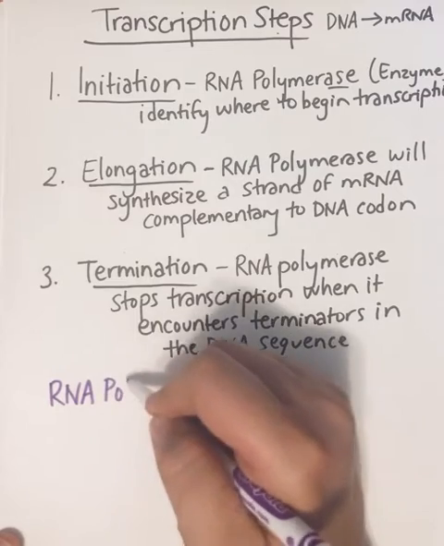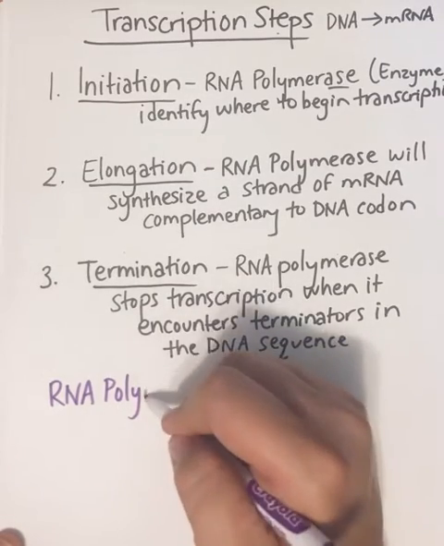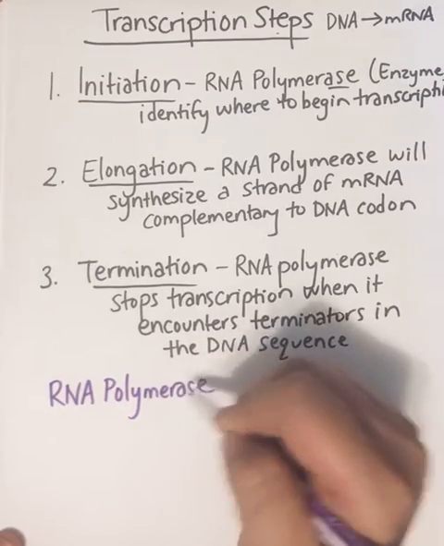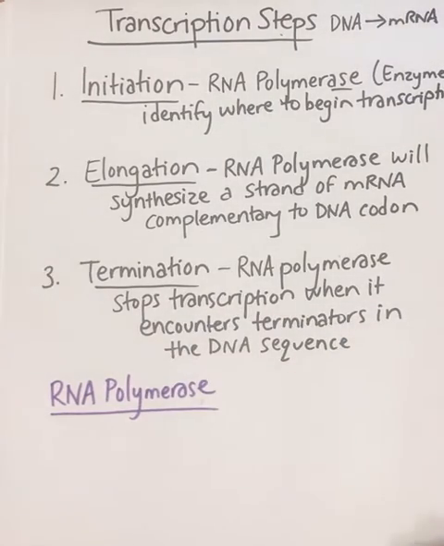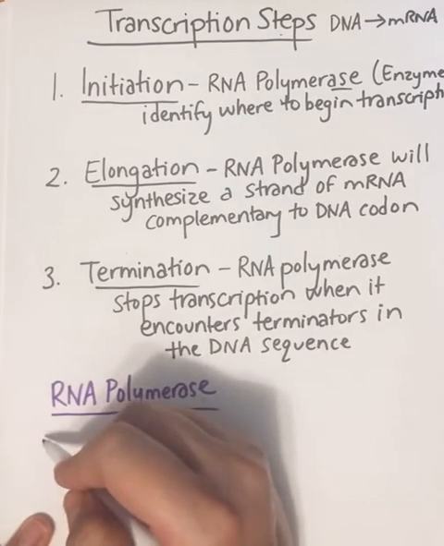Well, we have 3 different RNAs. In replication, we learned that there is DNA polymerase 3 and that there's DNA polymerase 1. Well, since we're using 3 different types of RNA, I want you to know the 3 RNA polymerases.